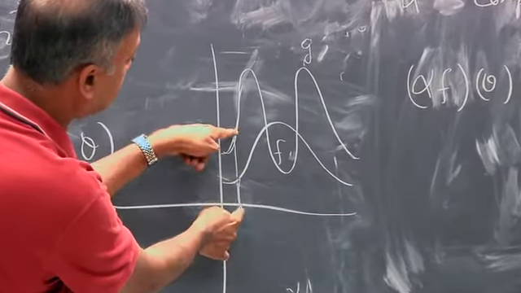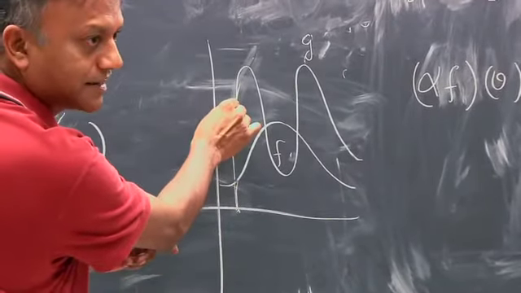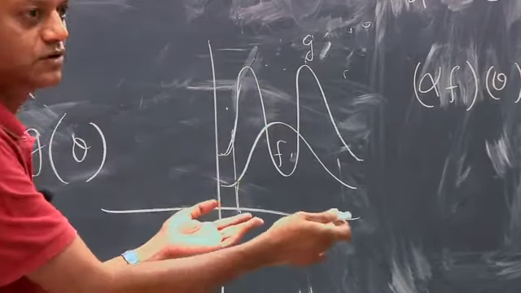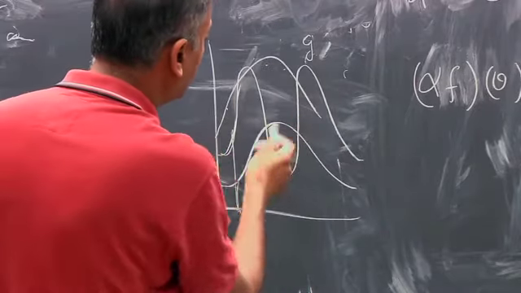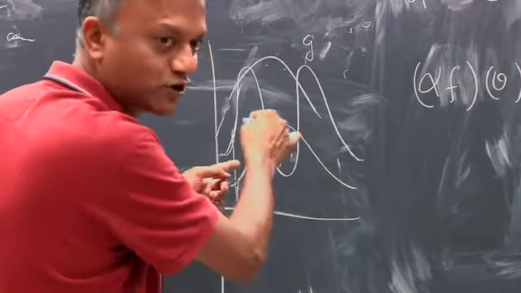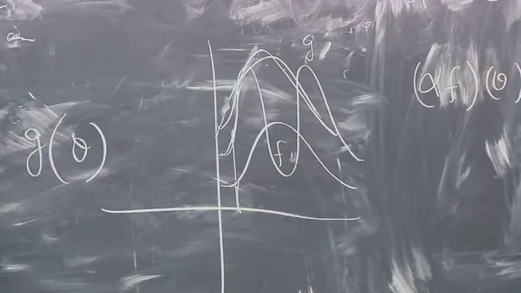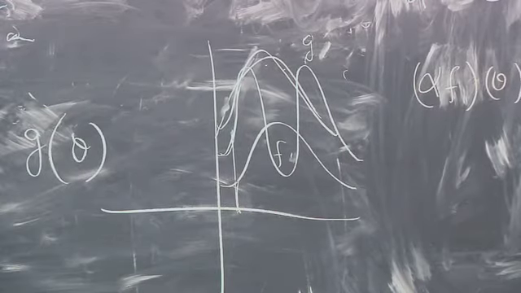So this plus that will be something here, and you do that at each point. Whatever result you get, you join them all. It must be some complicated curve, I'm not going to draw it, but whatever you get will be f plus g. So this way I have defined what I mean by addition.